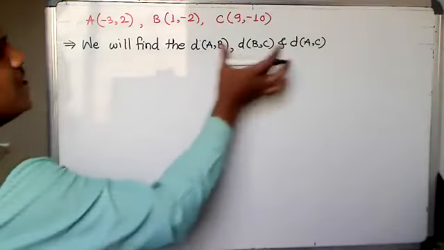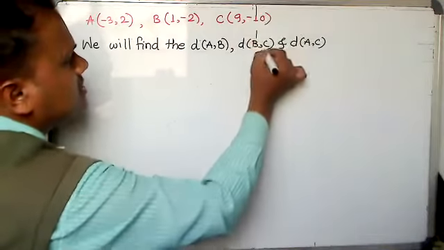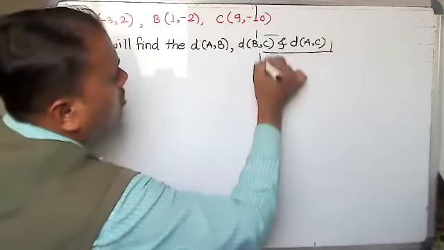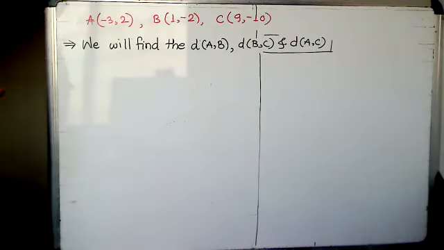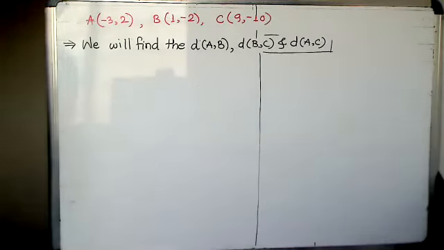First we need to find these 3 distances to check whether the given points are collinear or not.